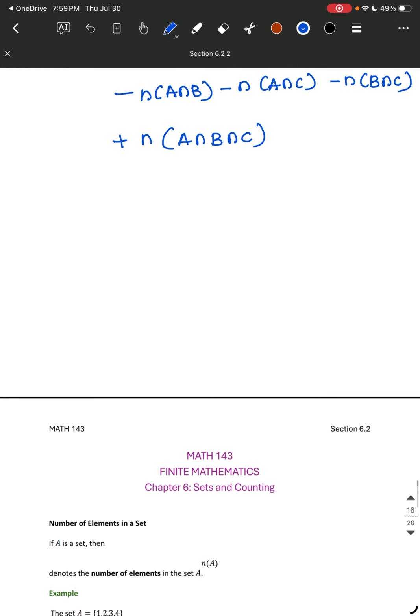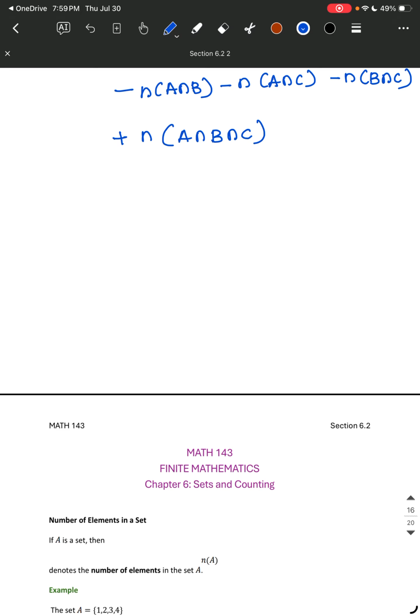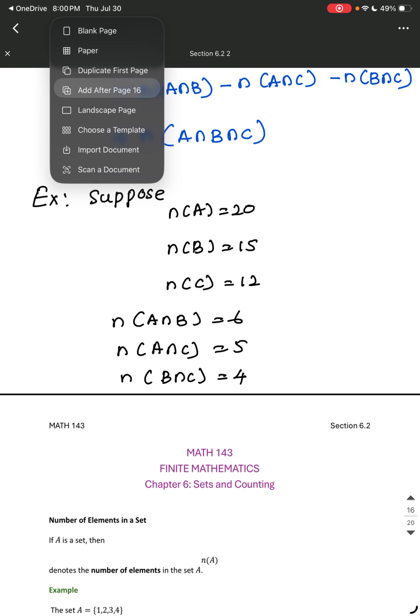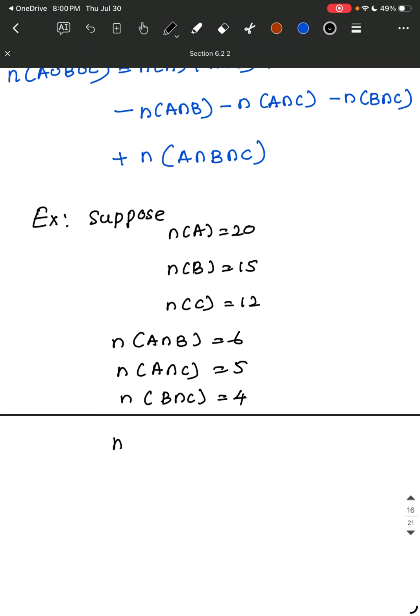Okay, let's see the example. Suppose the number of entries in A is 20, the number of entries in B is 15, the number of entries in C is 12, the number of entries in A intersection B is 6, the number of entries in A intersection C is 5, the number of entries in B intersection C is 4, and the number of entries in A intersection B intersection C equals 2.